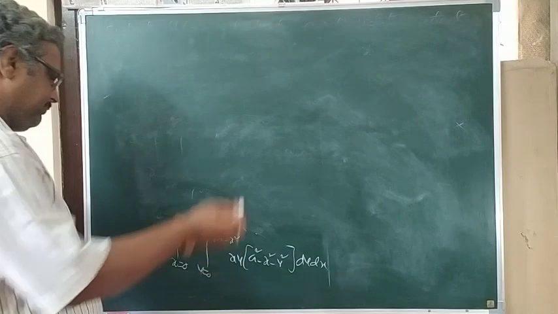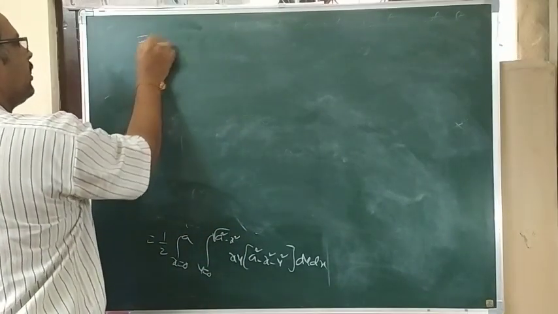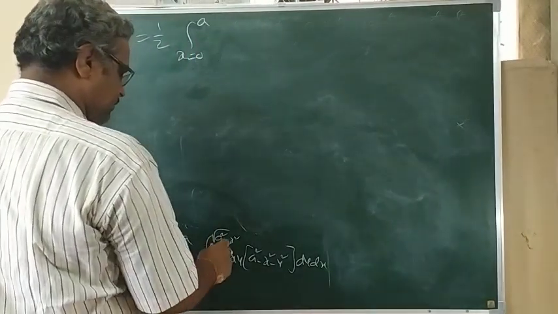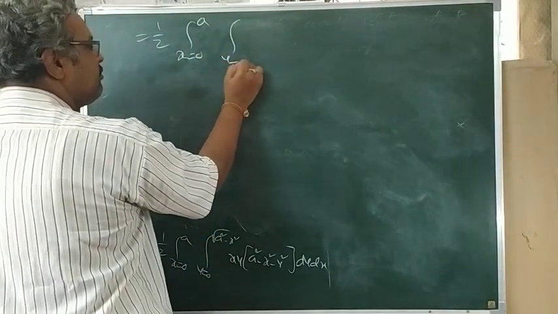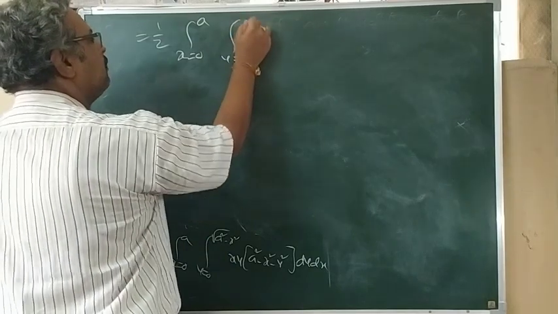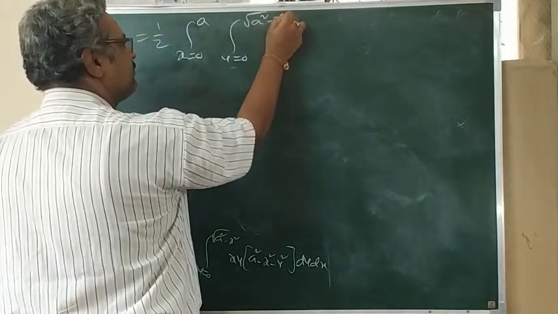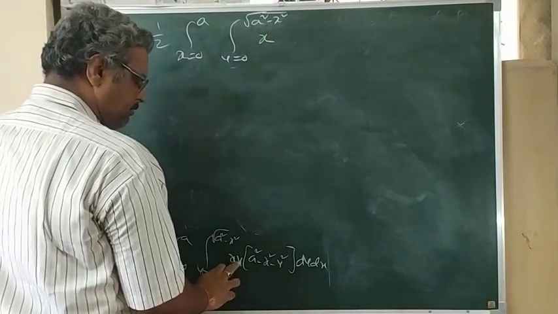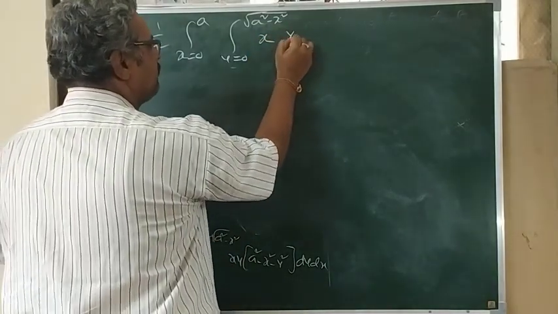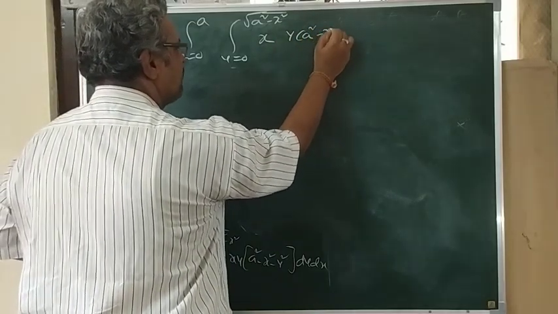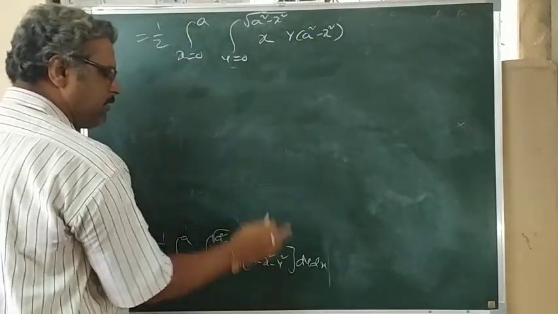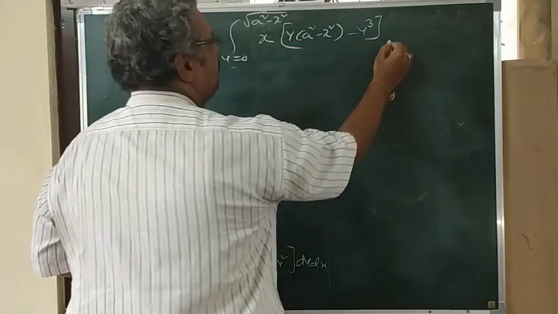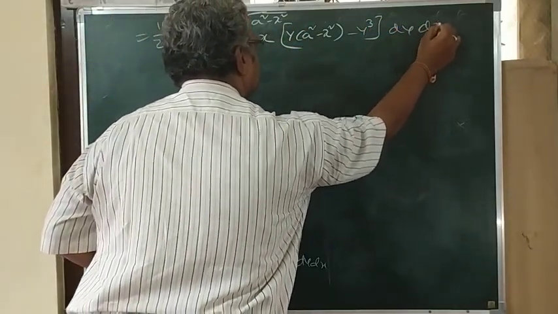Now continuing, 1 by 2 times the integral from 0 to a, integral y from 0 to root over a square minus x square, of x into (a square minus x square) y minus y cube, dy dx.